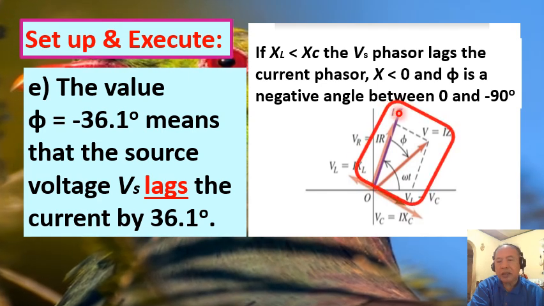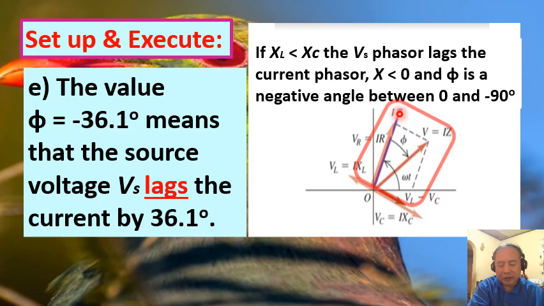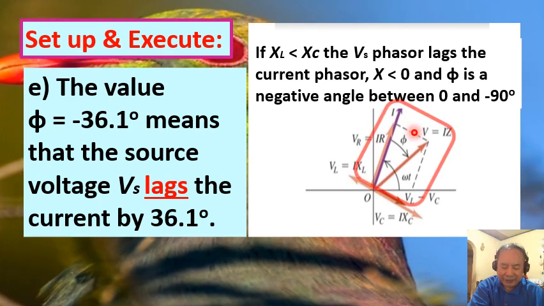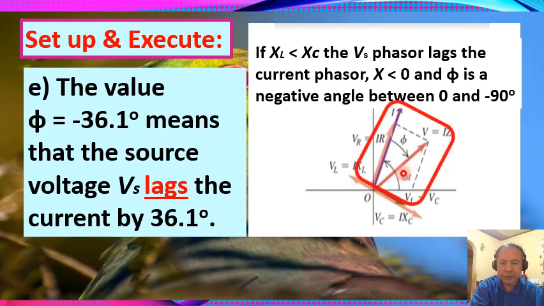Thus, we say that the source voltage phasor lags the current phasor by 36.1 degrees.